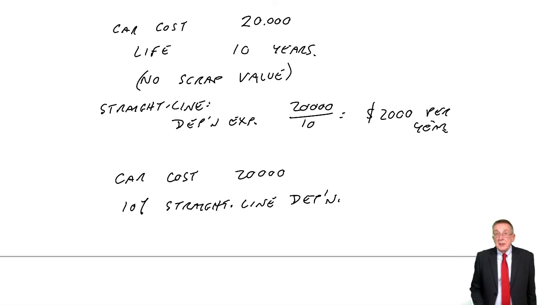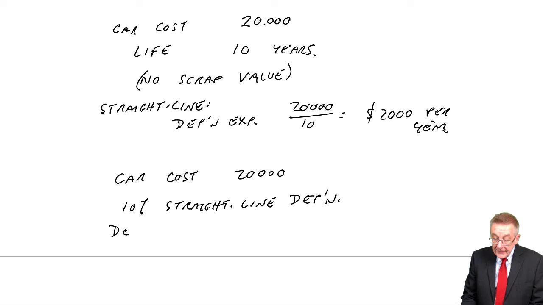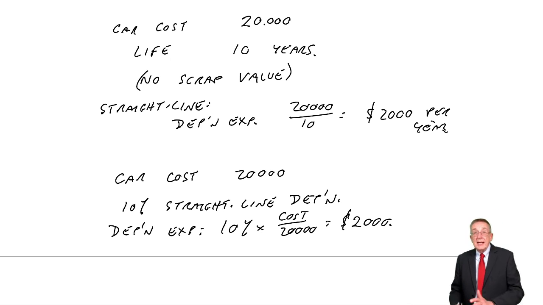Now, if they ever tell you that it's straight line depreciation, then it's another way of what we had before. The depreciation expense is 10% of cost each year, which is 2,000. They can give it you either way.